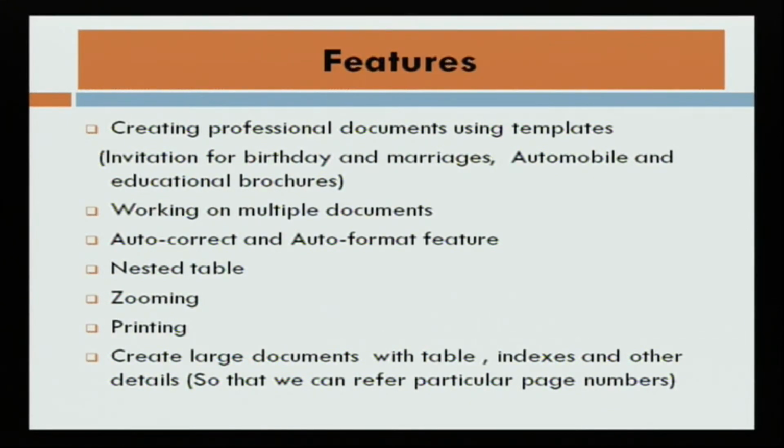At a time, the user can open any number of Word documents. The user can open 2 documents, 3 documents, according to the requirement. Then the next feature is auto correct and auto format. So, what is this auto correct feature of MS Word?